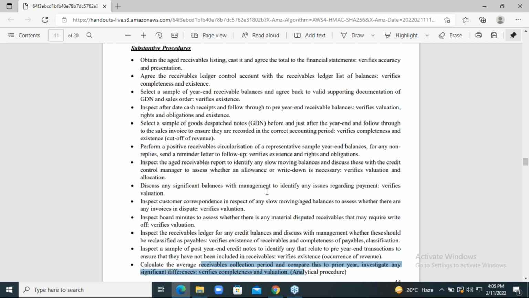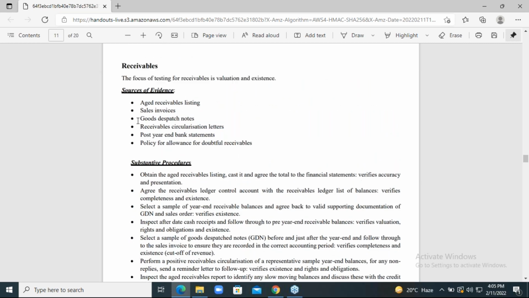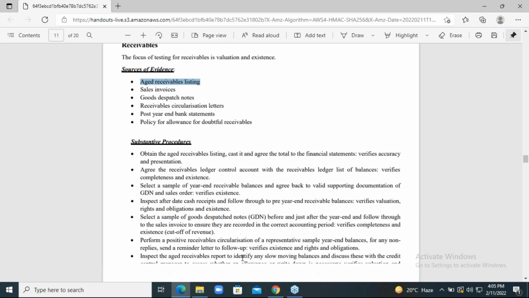So these 6-7 procedures are the most important procedures. They are directly relevant to the assertions of receivables, and some of these documents are very important in context to the receivables. So you must have good knowledge of these documents and these procedures and their assertions.